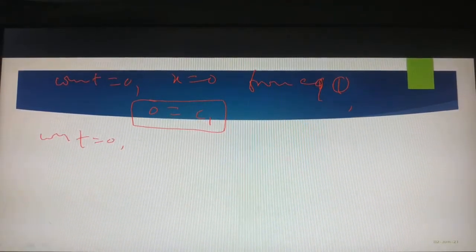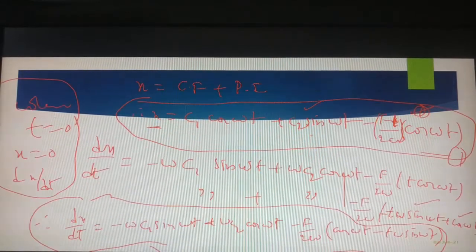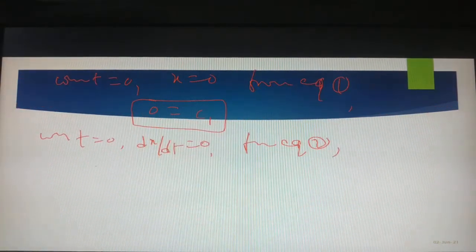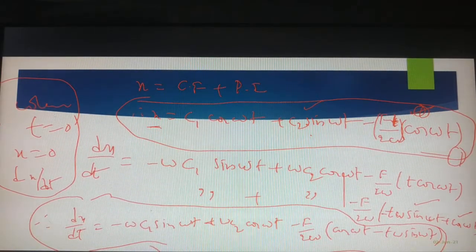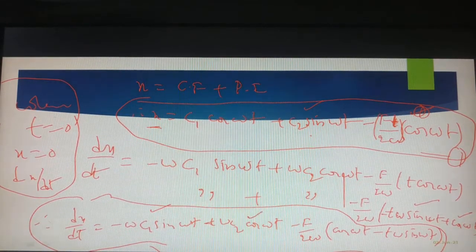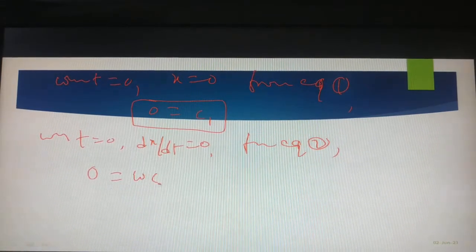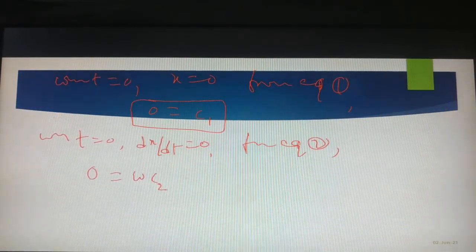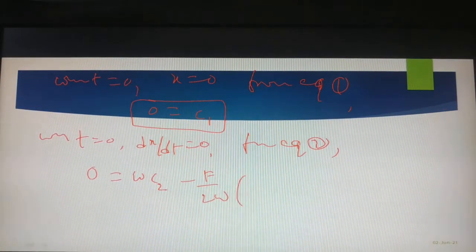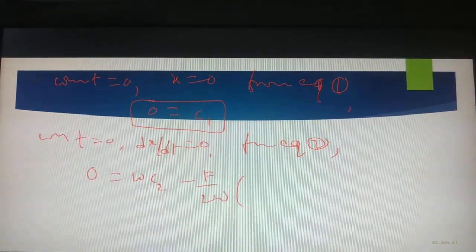Similarly, when t equal to 0, dx by dt is given as 0. This we can substitute in equation 2. In equation 2, if I substitute dx by dt equal to 0, the C1 sin 0 term is 0, plus w C2 because cos omega t is 1, minus f by 2w into cos omega t, which is 1, and the other term is 0.